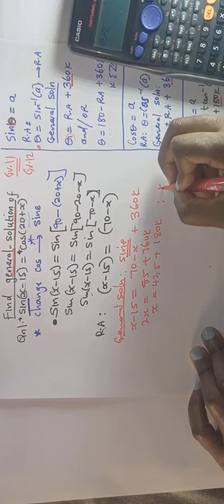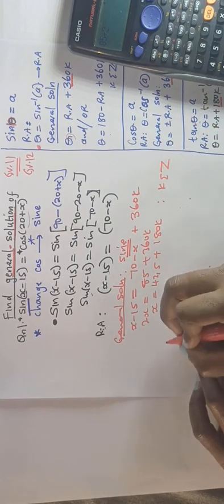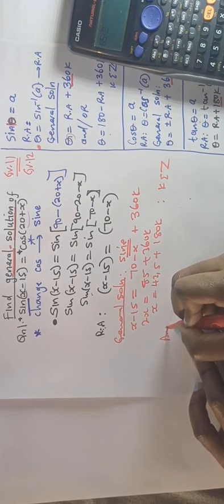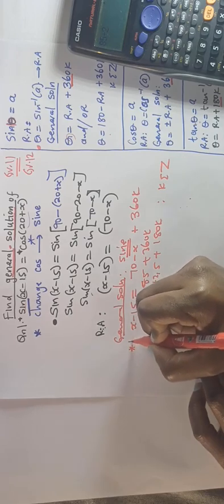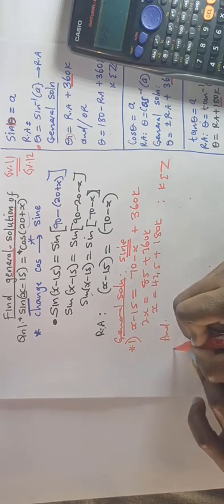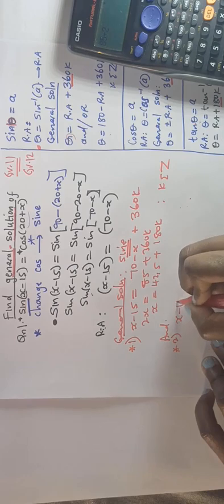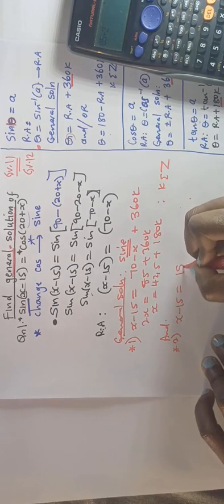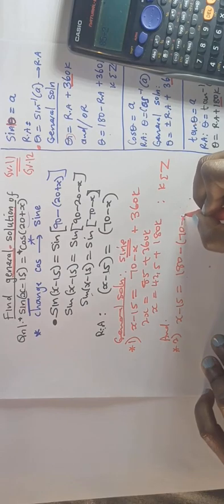Remember the restriction, k is an integer, positive and negative whole numbers. This is the first general solution. Then general solution expression 2 is x minus 15 equal to 180 minus that 70 minus x.